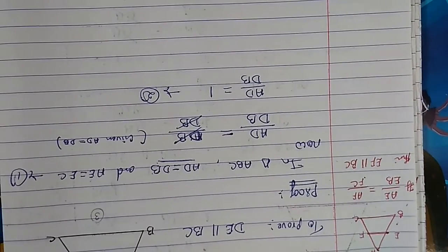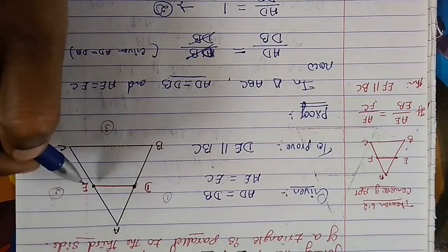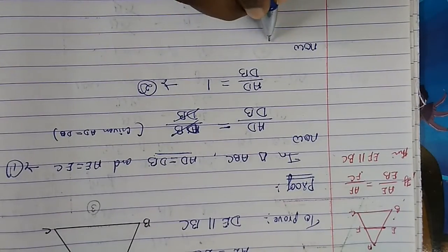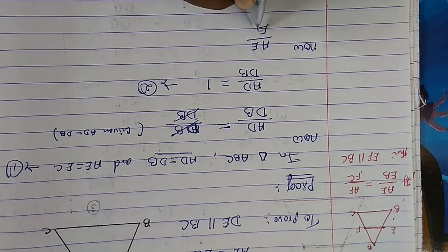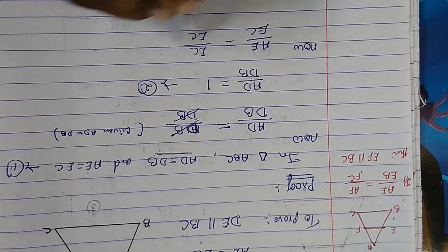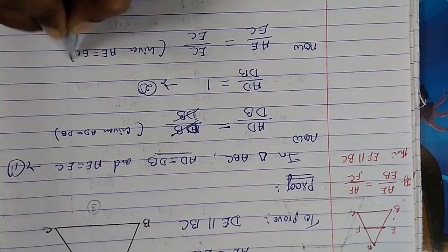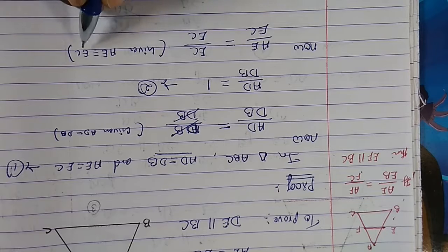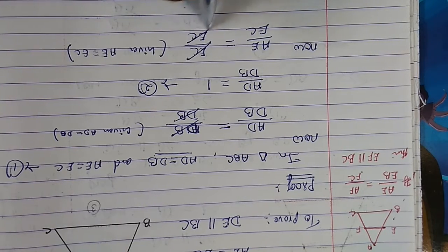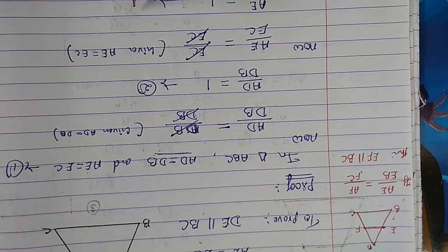In the same way, the other ratio, AE upon EC. Since AE is equal to EC, we write EC upon EC, which gets cut, so AE upon EC is equal to 1. Equation 3.